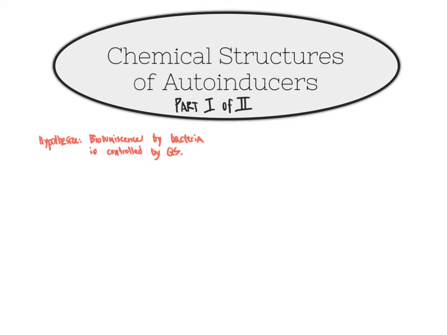And so if we were to test this hypothesis experimentally and aim to identify the particular compound or compounds that were responsible for this quorum sensing behavior, what we could do is grow up cultures of bacteria, and I'm just going to show an Erlenmeyer flask here, which is a common type of vessel in which to grow bacteria, and we could have the bacteria growing in a liquid nutrient growth bath.